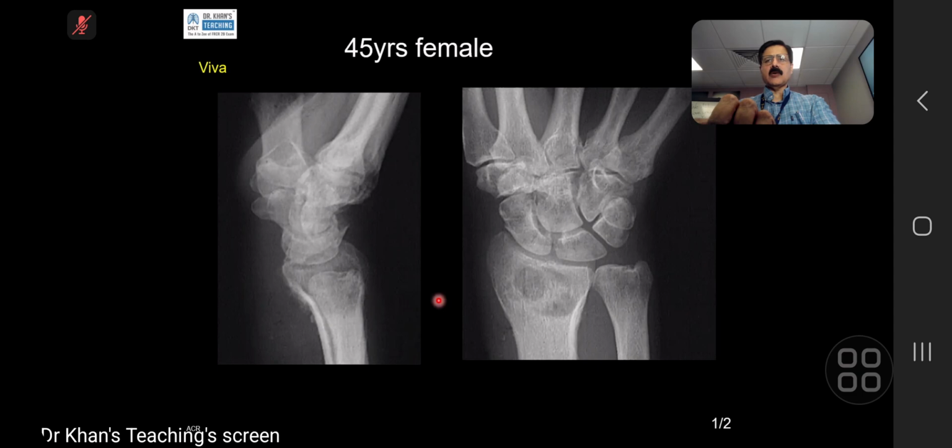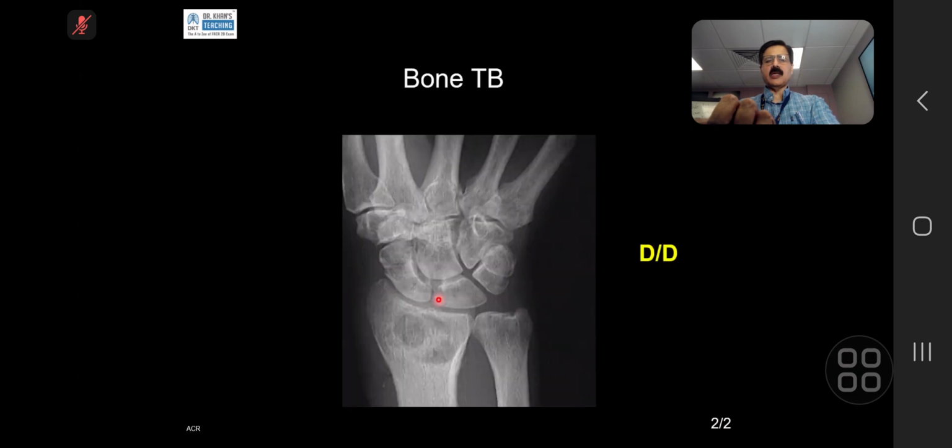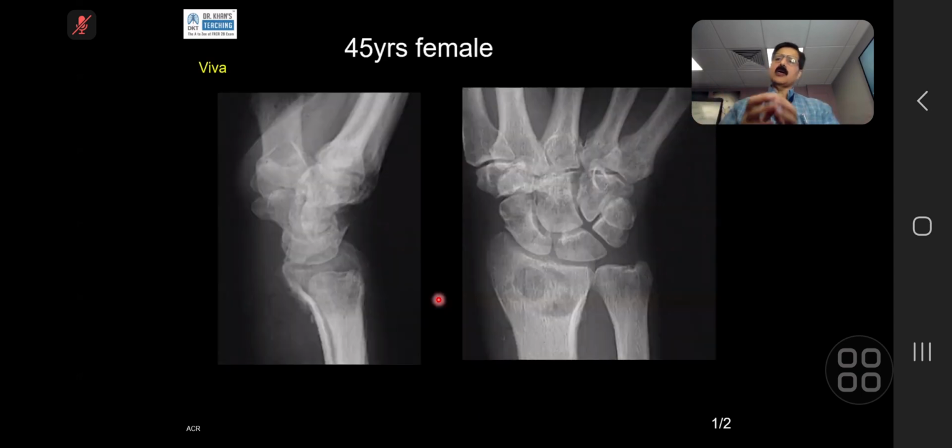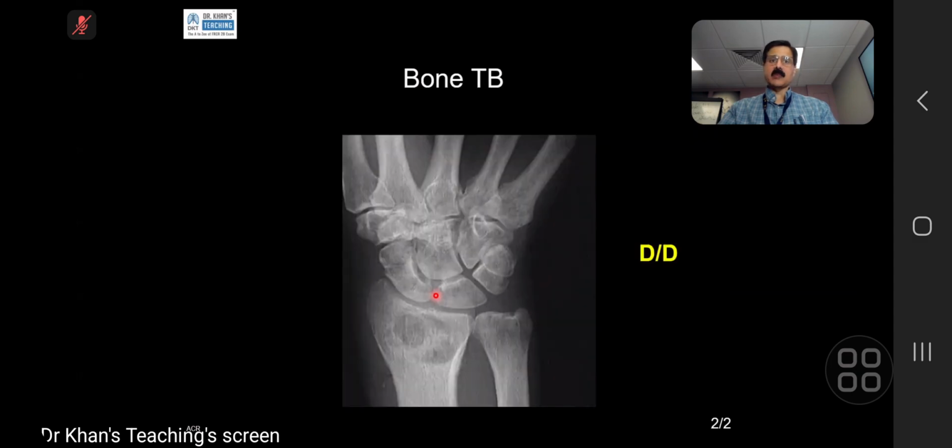Now comes the differential. In the differential, initially you were looking for aggressive lesions in the distal radius in a 45-year-old male. You said metastasis. Fine, I'll take it for the simple reason that it is rare, but it can happen. Absolutely, I'll take it.